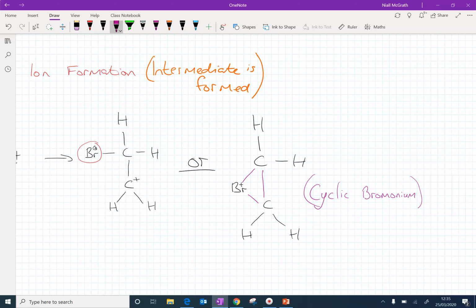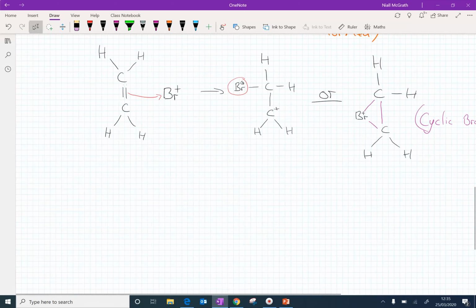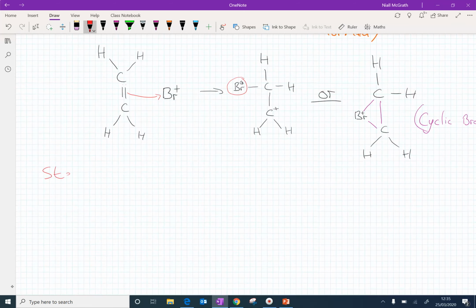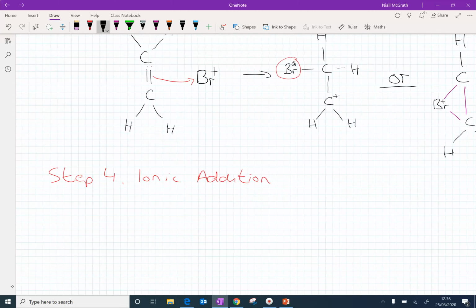And then this last stage, step 4, is your ionic addition. So we have this structure here.